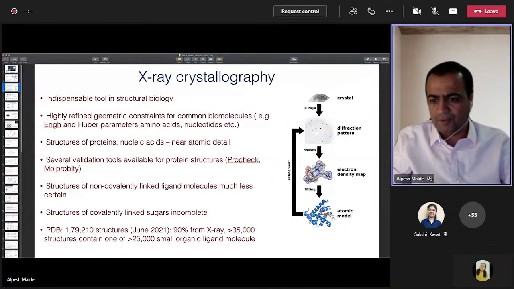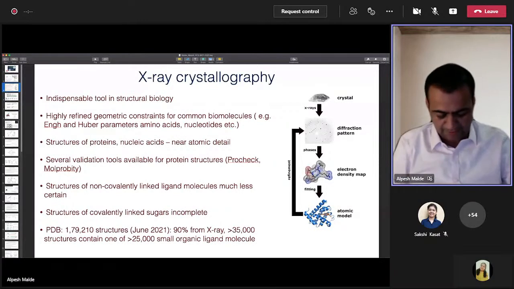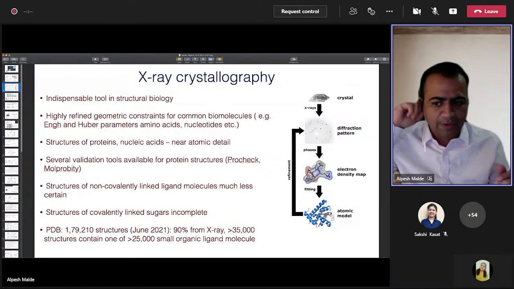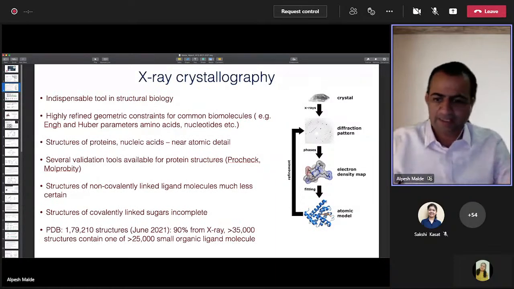So the structures of protein, like this part, we can resolve in atomic detail. But the big challenge comes when we have this fellow here, a non-covalently bound drug molecule in the binding pocket. Here we don't have many validated parameters which we can use for direct refinement, and those structures are likely to be less certain.